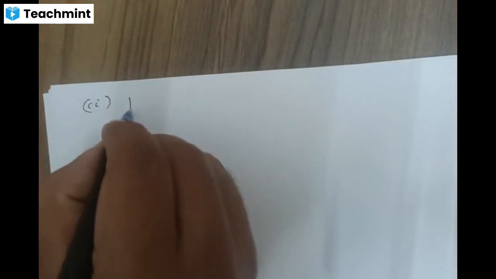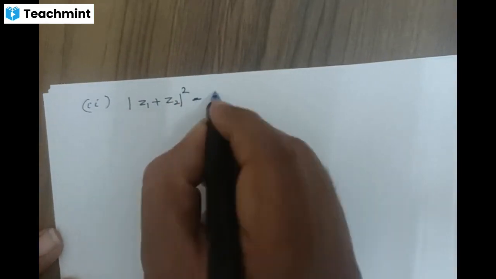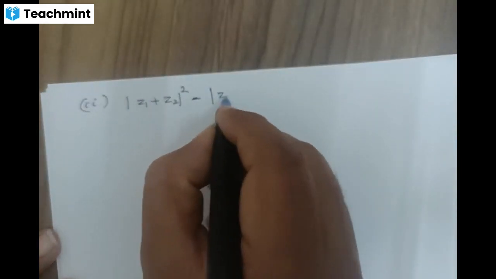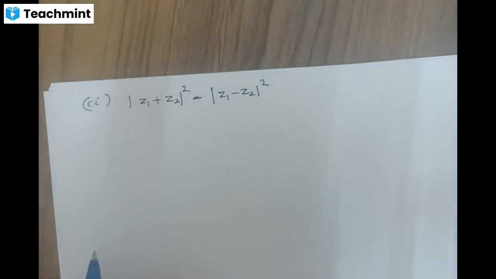Next, the second condition. I will take the left side part, which is mod Z1 plus Z2 whole square minus mod Z1 minus Z2 whole square, which is equal to 4 into Z1 Z2.